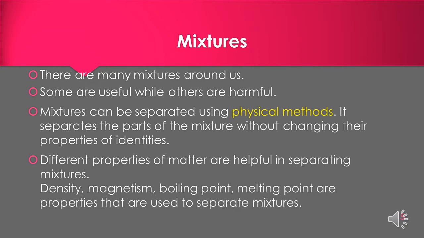Now, there are different properties of matter that are useful in separating mixtures. So sometimes we can separate mixtures based on their density, the ability to be attracted to a magnet, or the boiling point or melting point of the materials in the mixture.